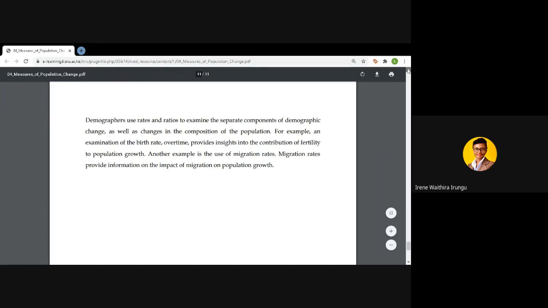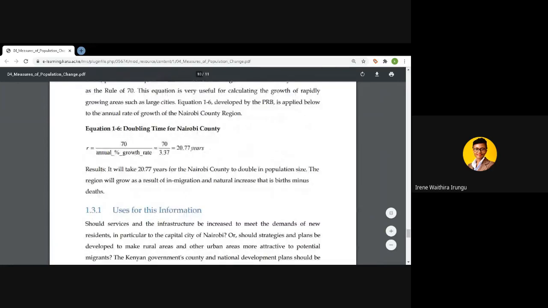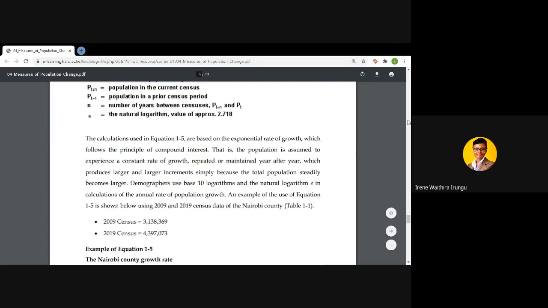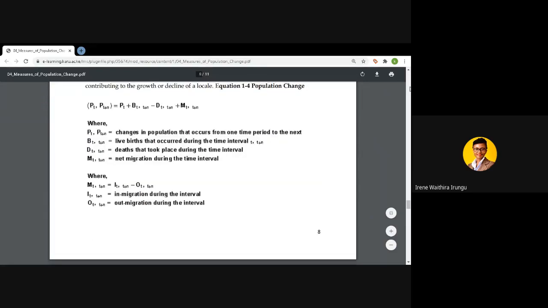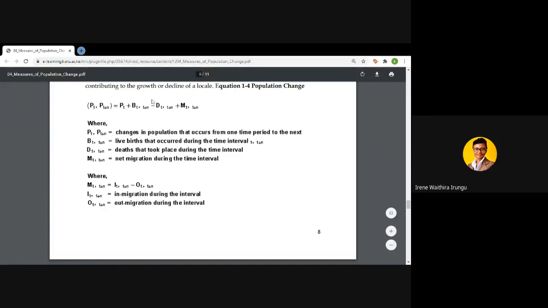So in our next topic, we'll now focus on different ratios. You have identified, for instance, in this case, that your population will grow by this much, or you have experienced that the growth rate is 3.37. You'd want to know what exactly contributed to this particular growth rate. Is it the births themselves, that the births were actually higher in Nairobi as opposed to other areas? Or is it that the deaths were lower in other areas?